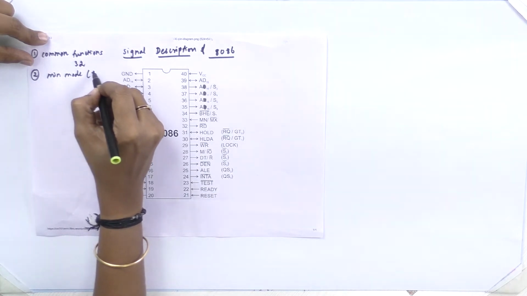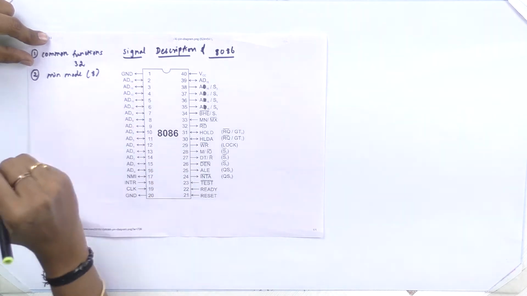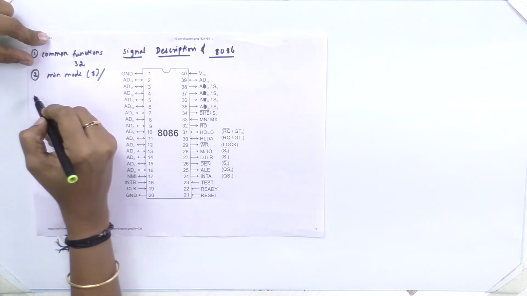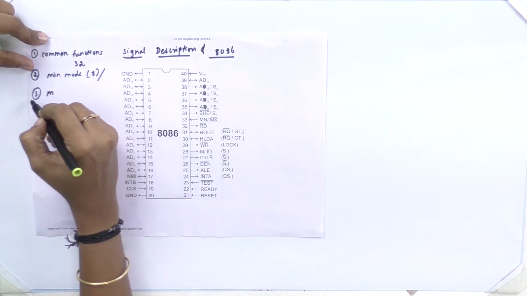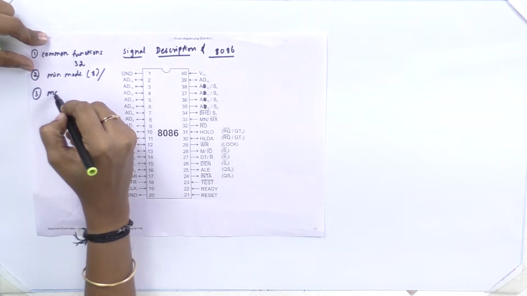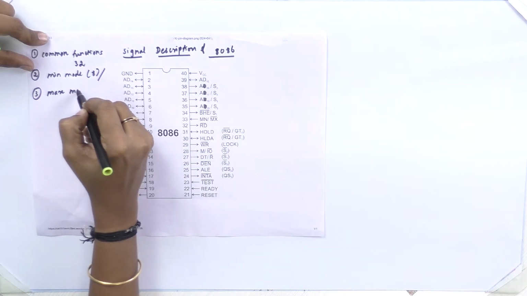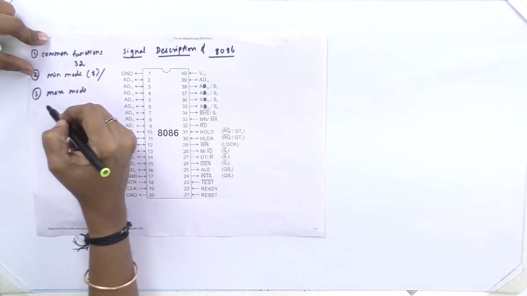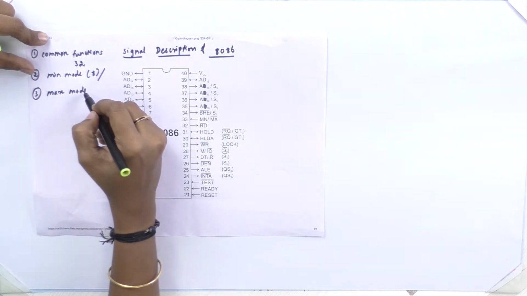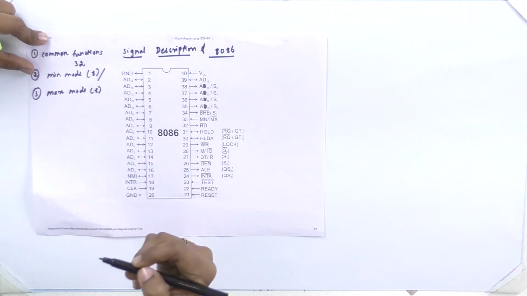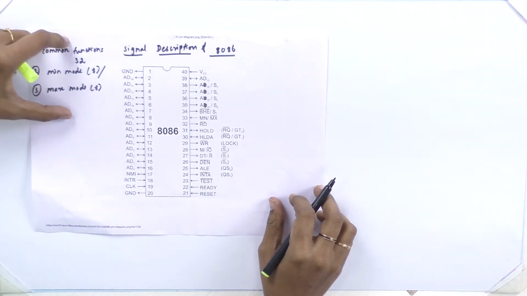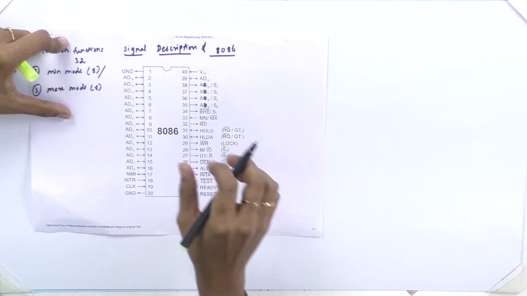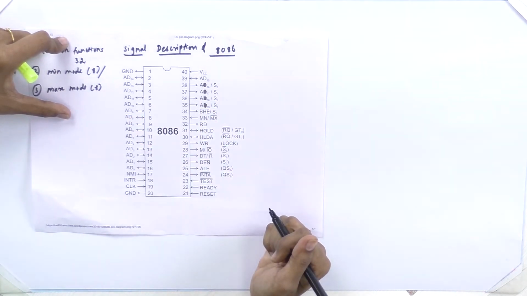The total number of such pins is 8. And the third is pins that operate in maximum mode alone, which is also 8 pins. So this is the three ways of classifying the signal description of the 8086.